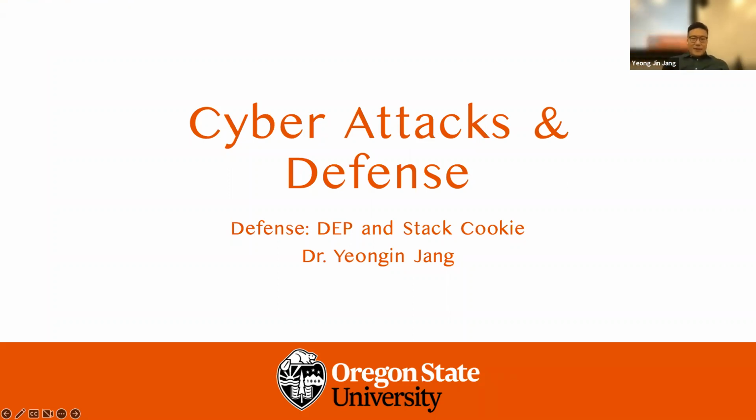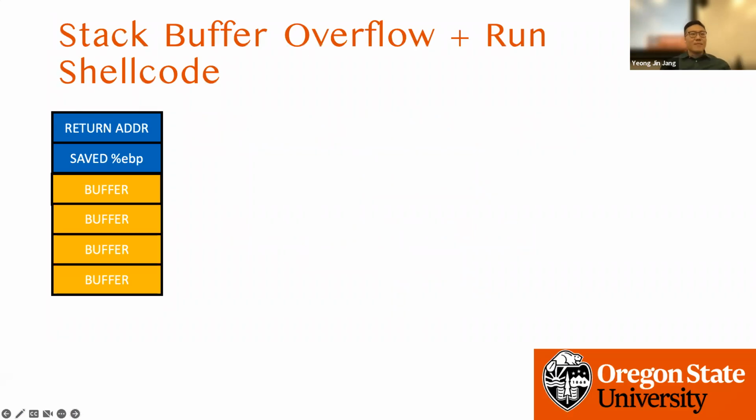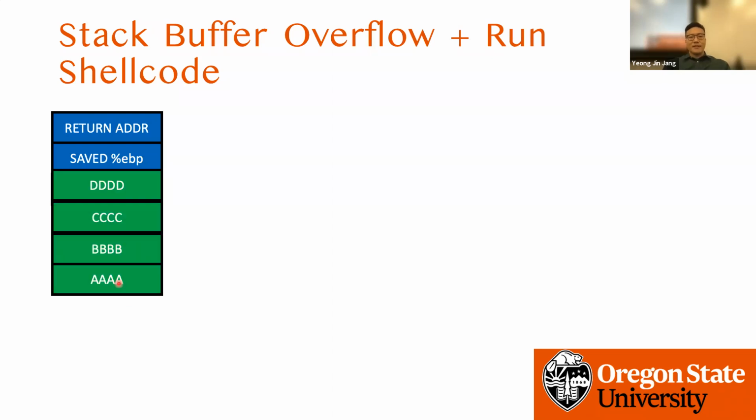Before getting into that, let's do a short recap about how we can run shellcode. With the buffer overflow attack, we can fill the buffer, and if we overflow it, we can alter the control data, such as the saved EBP, or if we can directly overwrite the return address, we would like to do so.